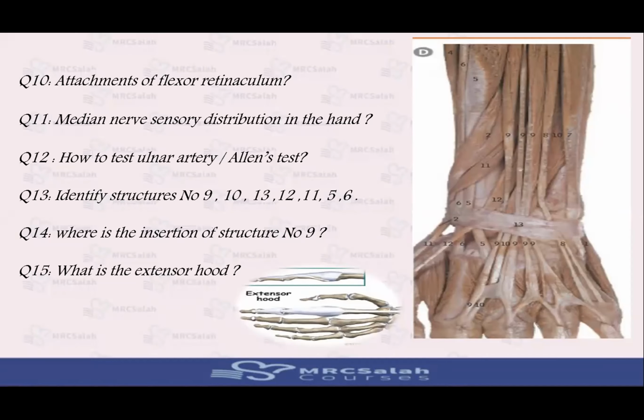So you elevate the hand of the patient and ask him to make a fist for 30 seconds. Then apply pressure on both the ulnar and the radial arteries to occlude both. While the hand is still elevated, as soon as it becomes blanched, release pressure on one of the arteries and see if the color returns in 7 seconds.